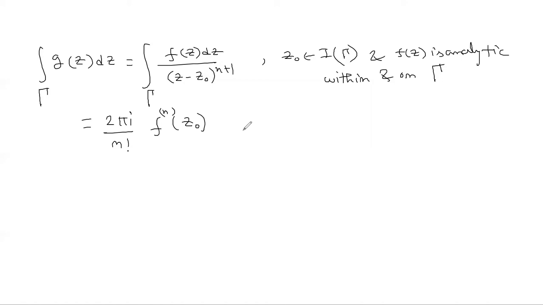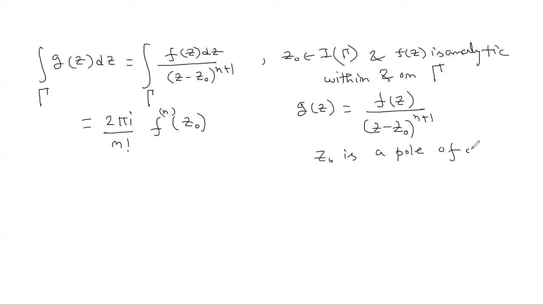And in the singularity chapter we have seen, if a function g(z) can be written as f(z) by (z minus z_0) power n plus 1, where f(z) is analytic in the neighborhood of z_0 and f of z_0 is not equal to 0, then z_0 is a pole of order n plus 1.